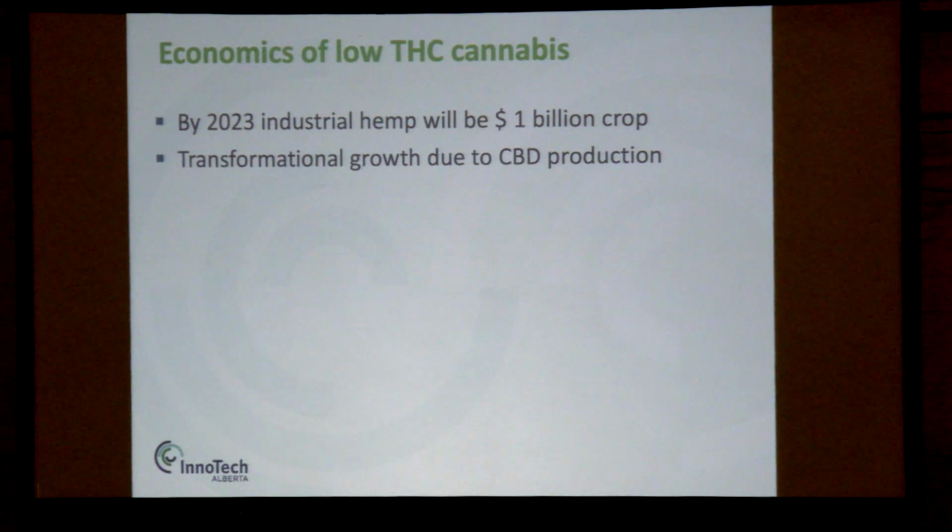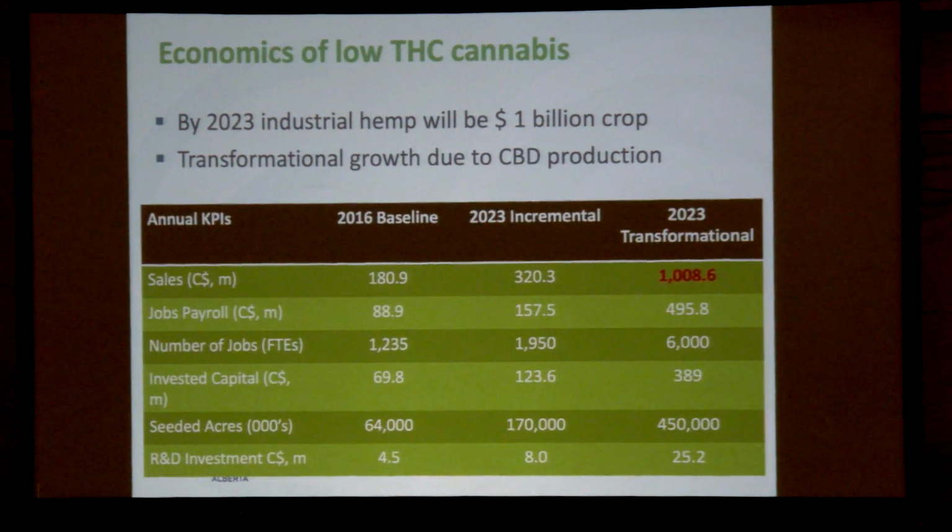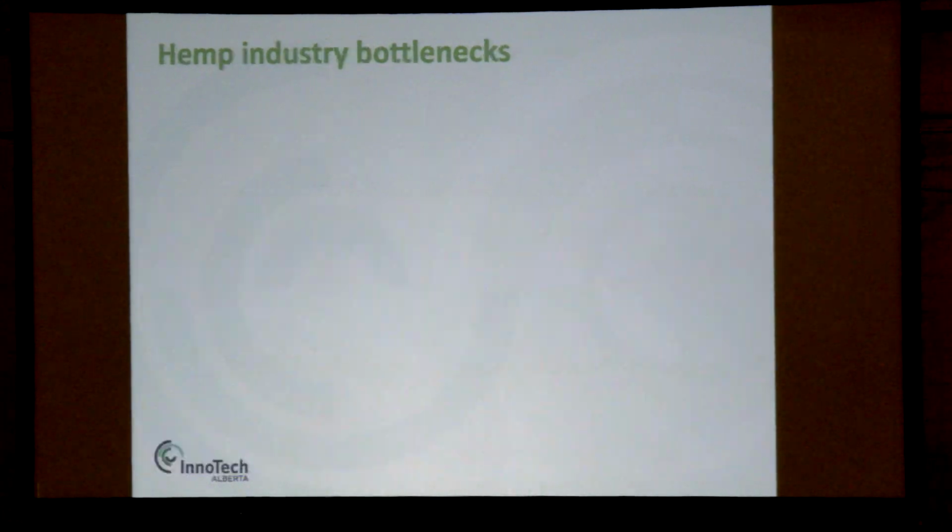And this number will be achieved because of transformational growth due to production of CBD. This is an excerpt from Keith's presentation, and we are showing that because of this CBD story, the third revenue stream will be increasing job numbers, investment, and seeded acres.